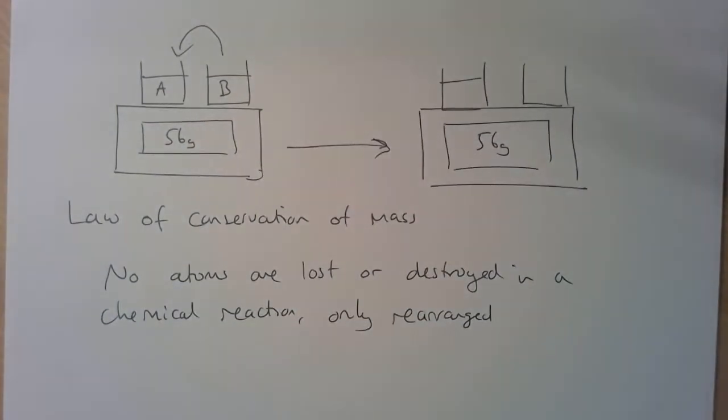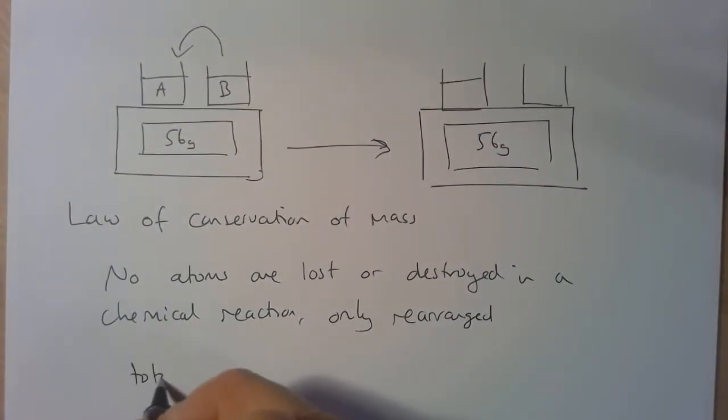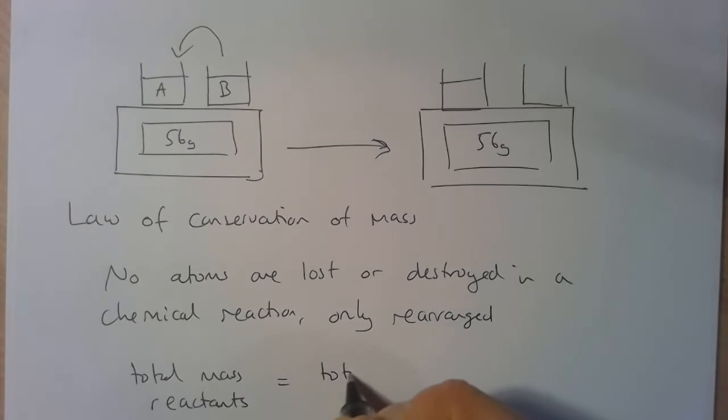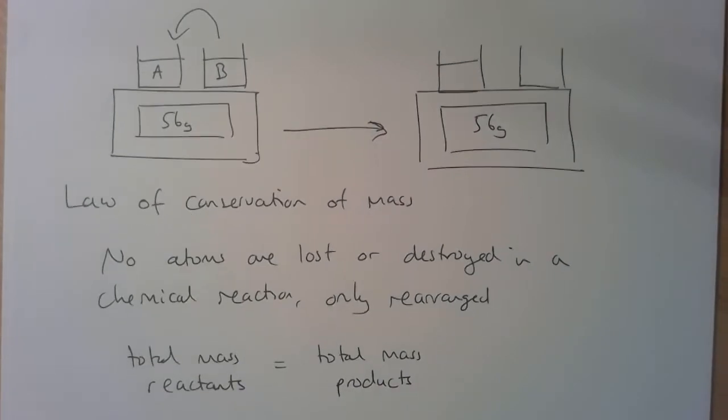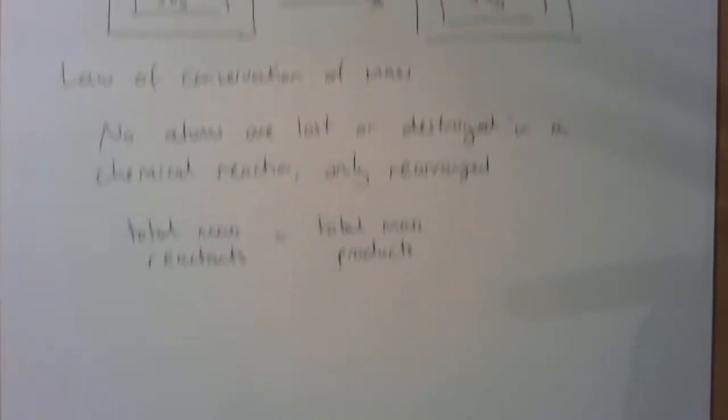In more simple terms, what we can basically say is that the total mass of the reactants must be equal to the total mass of the products. So whatever happens during our chemical reaction, whatever the mass, the number of atoms that we start with in the reactants, we end up with in the product. So let's have a look at a couple of examples where we're going to put some numbers in.